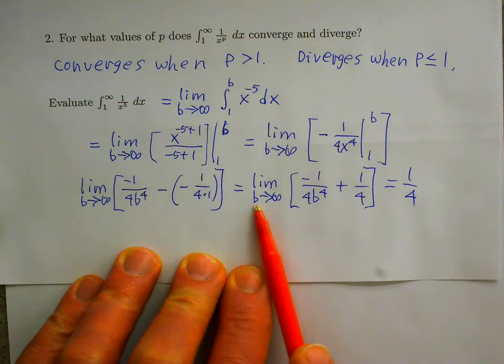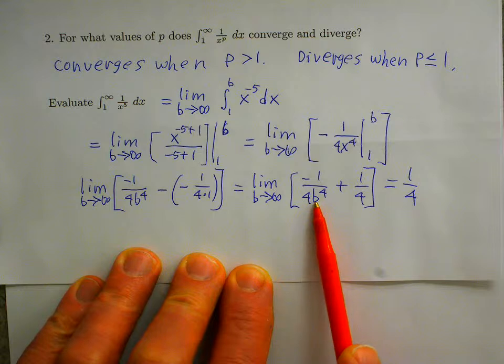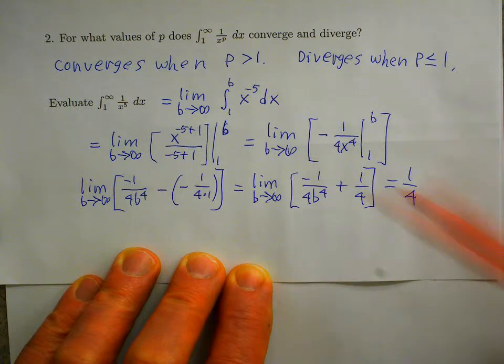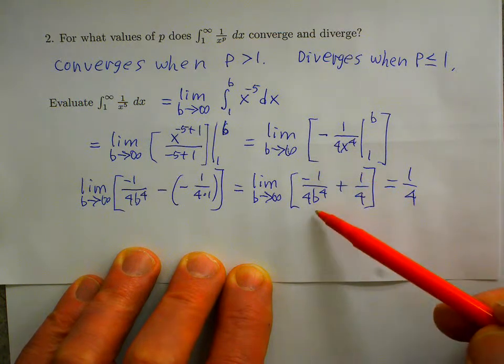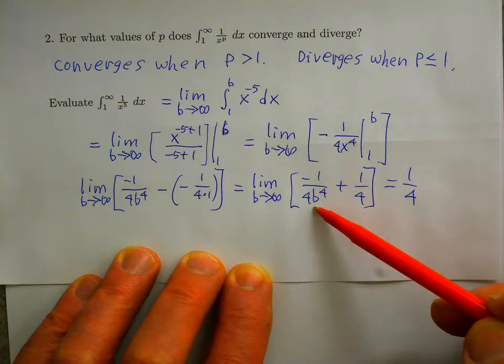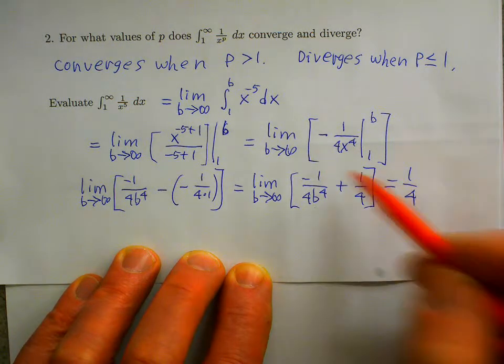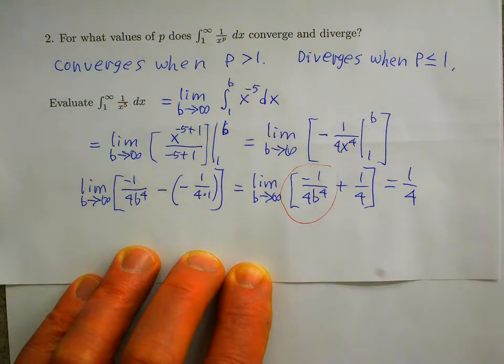As b goes to infinity, this denominator gets larger and larger. So negative 1 divided by a larger and larger number gets closer and closer to 0. So the limit of that term is 0. So the overall limit, 0 plus 1/4, is 1/4.